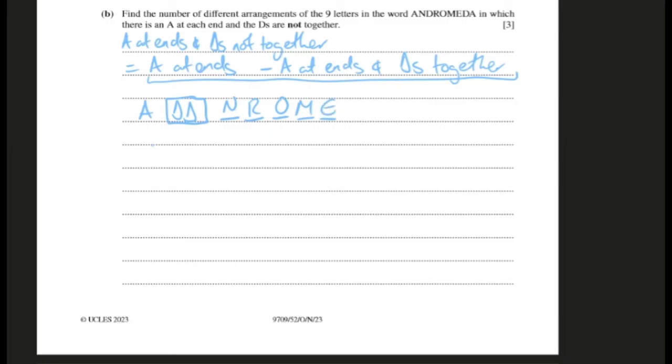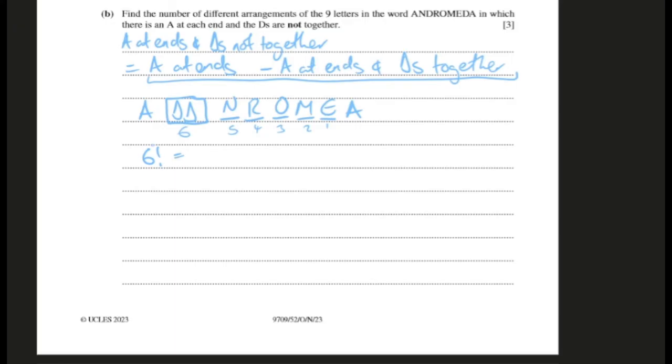Okay, so our D's are together, we're not rearranging the A's, so what we are actually rearranging are the items that have underlines. So that's 1, 2, 3, 4, 5, 6 items being rearranged. So that's 6 factorial, which gives us 720.